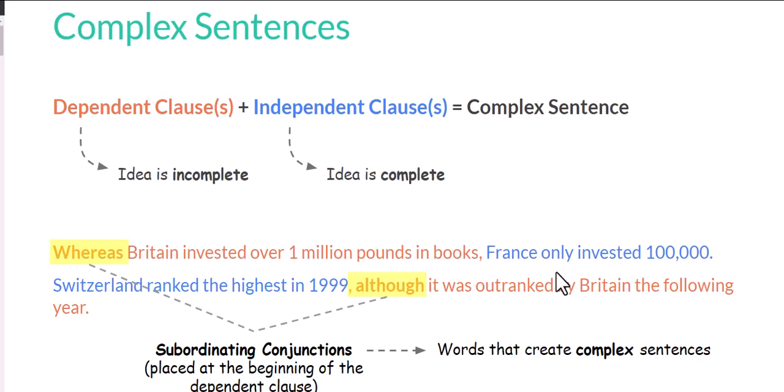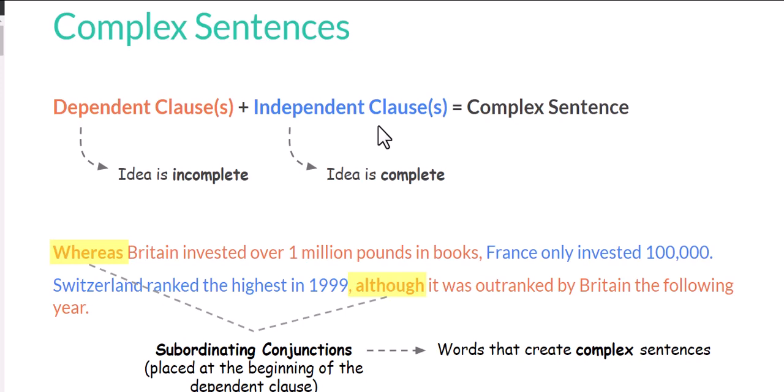We recall from the previous video that an independent clause is a complete idea, a sentence whose meaning you already understand without needing extra information.